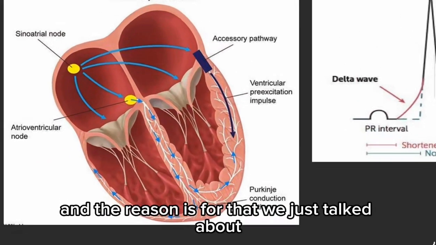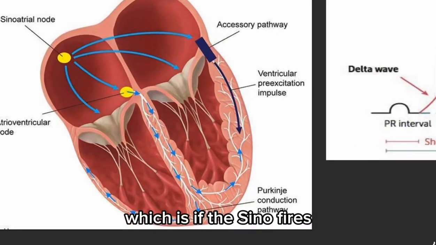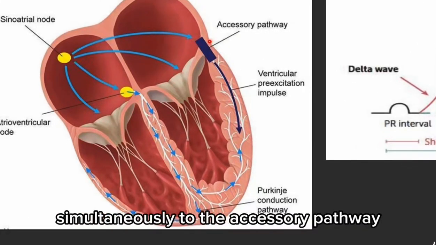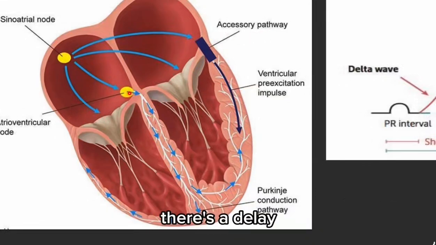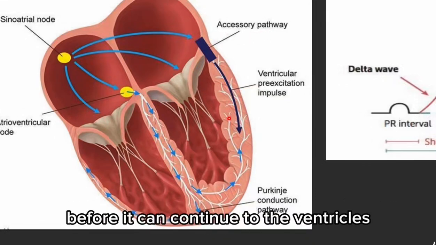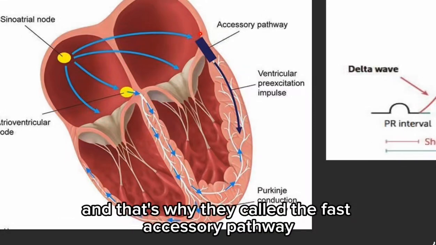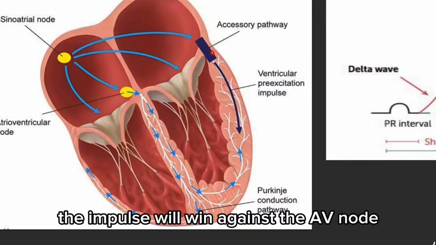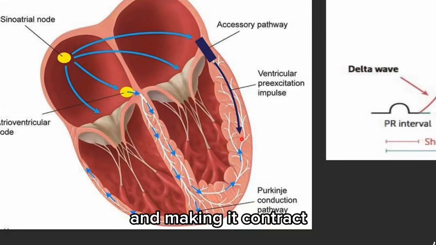And the reason is what we just talked about, but we will repeat it here, which is if the SA node fires, let's say the impulse will go simultaneously to the accessory pathway and to the AV node. When it goes to the AV node, there's a delay before it can continue to the ventricles. Meanwhile, when it goes to the accessory pathway, and that's why they call it the fast accessory pathway, there is no delay. So the impulse will win against the AV node by reaching the ventricles first and making them contract.